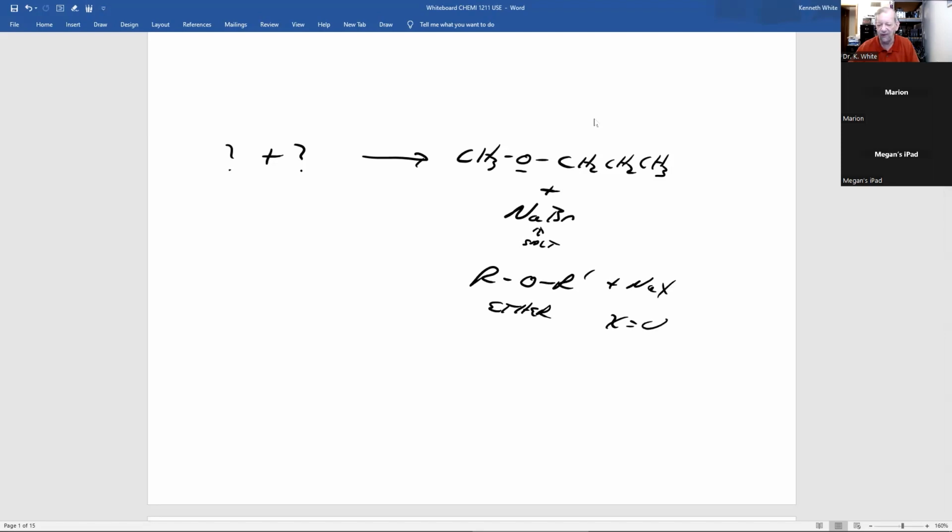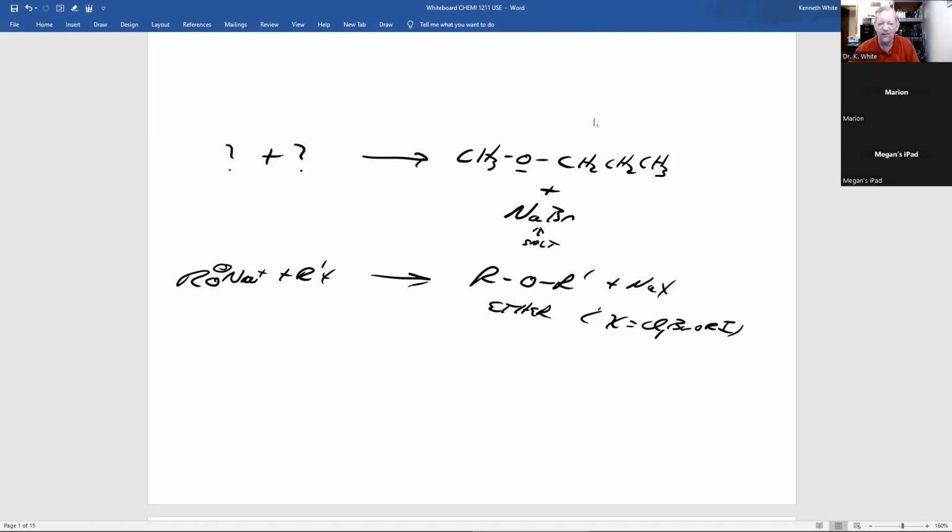X can be chlorine, or in our case, it's bromine, or iodine. And how do you make an ether? The Williamson ether synthesis. An alkoxide plus an alkyl halide.